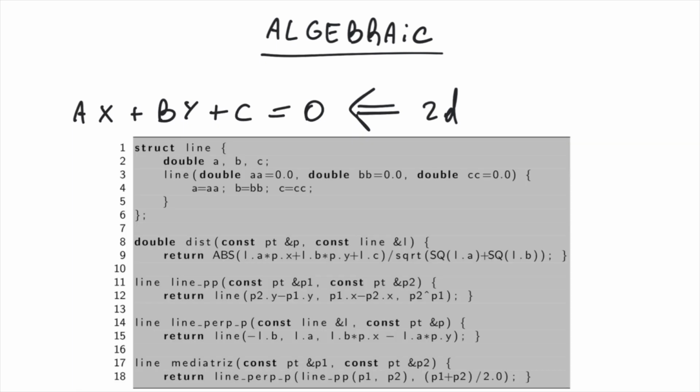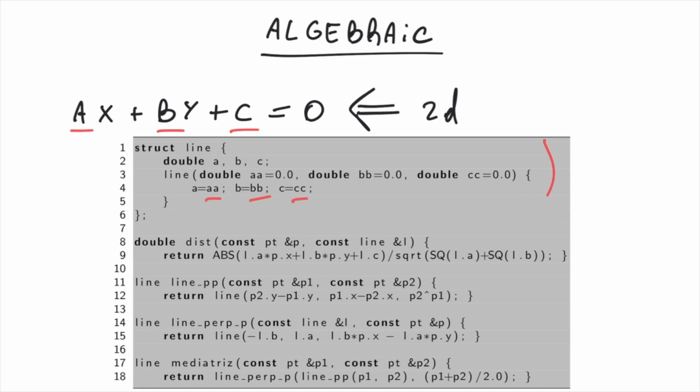Just like we did with points, we can define an algebraic representation for our lines in a simple structure in C++, for example, where we provide the constructor with the a, b, and c constants that define the equation.